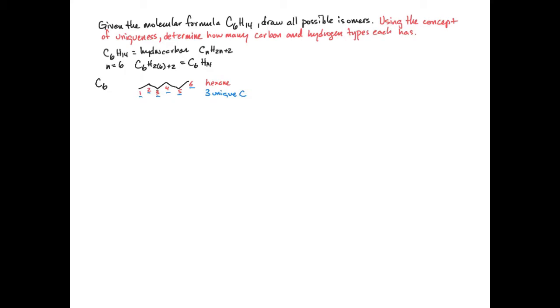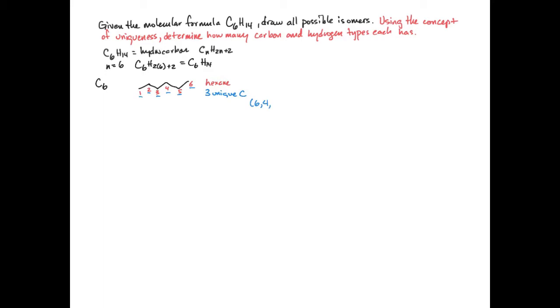Now the same will hold true for the types of hydrogens for hexane as well. So the methyl groups at 1 and 6 are the same. So there's 6 of those. So let's capture that in terms of a ratio. So we have 6. The CH2 groups, 2 and 5 are the same. That's 4.